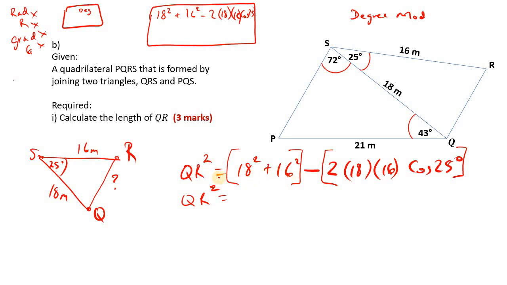Minus 2 multiplied by 18 times 16 cosine 25, close bracket.